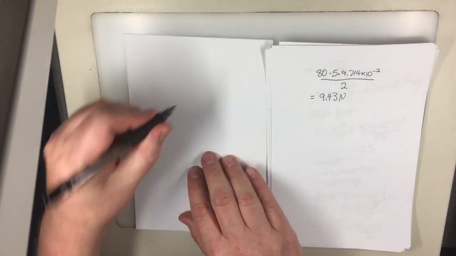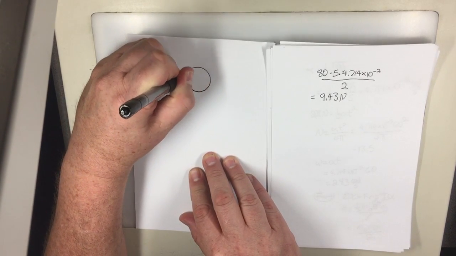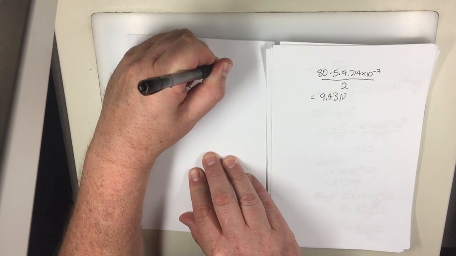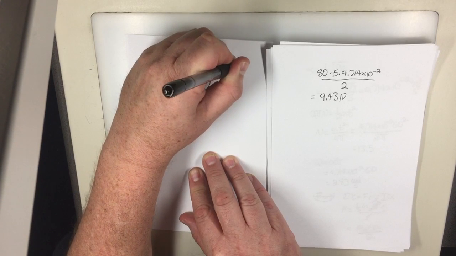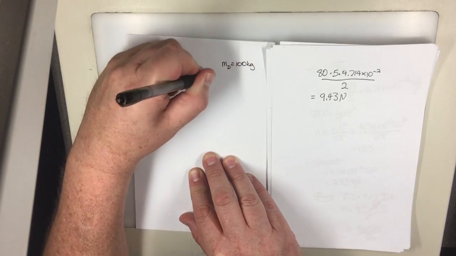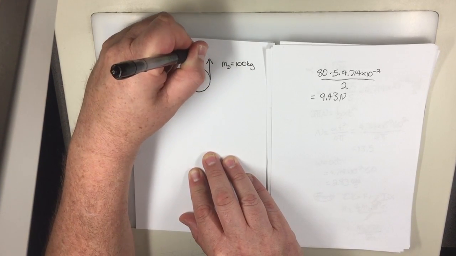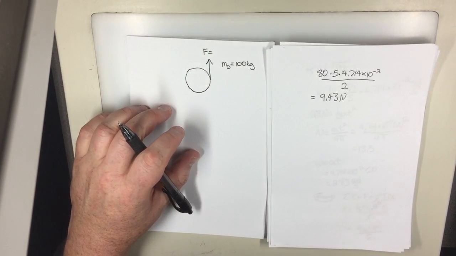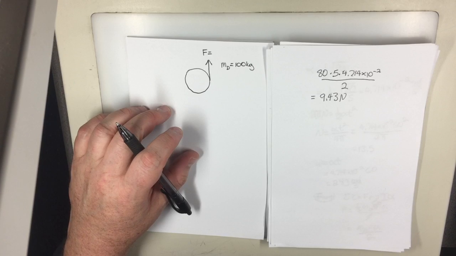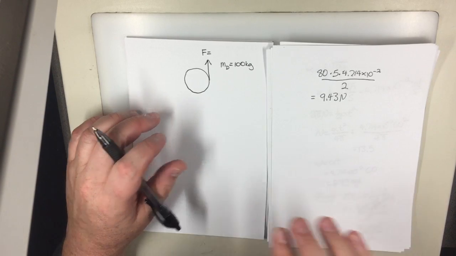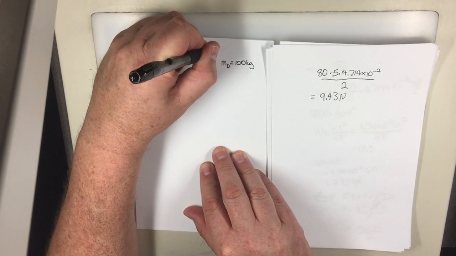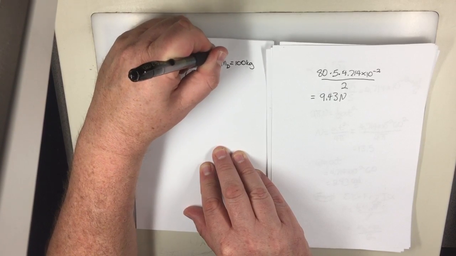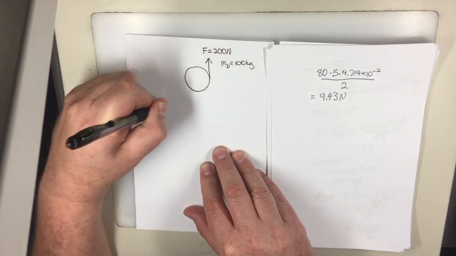Now these numbers, I have no idea if they're going to work or not. The mass of the disk is 100 kilograms. There is a force of 200 newtons.